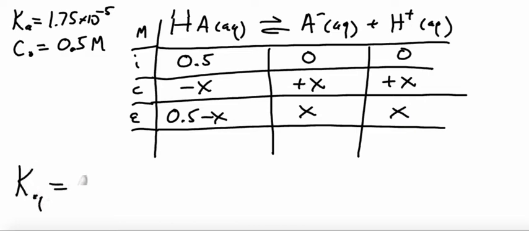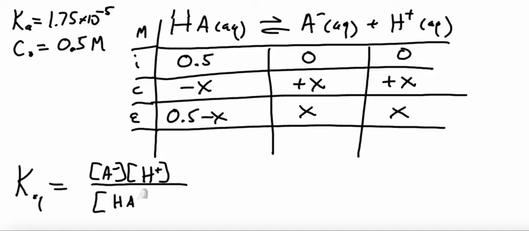K equilibrium is equal to the concentration of products over reactants. So we've got the concentration of our acetate, the concentration of hydrogen ion, divided by the concentration of intact acid. Great. Let's put in our numbers from our ICE table. So we've got x times x all over 0.5 minus x.